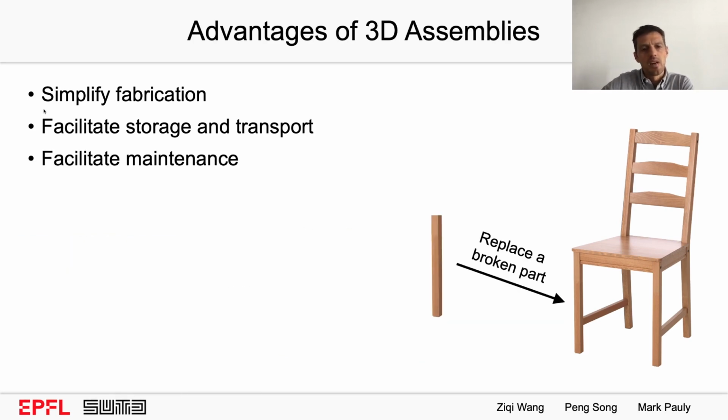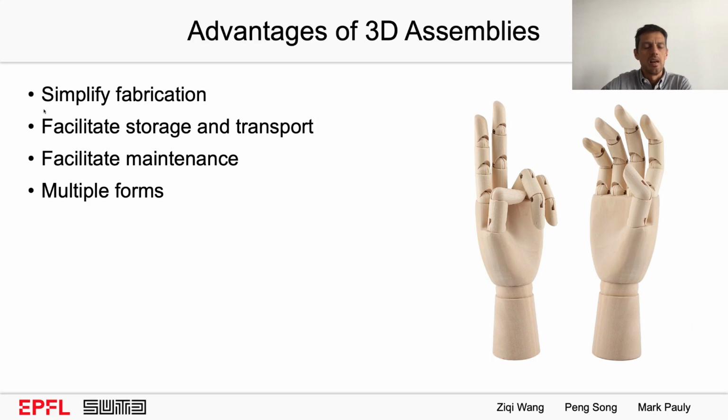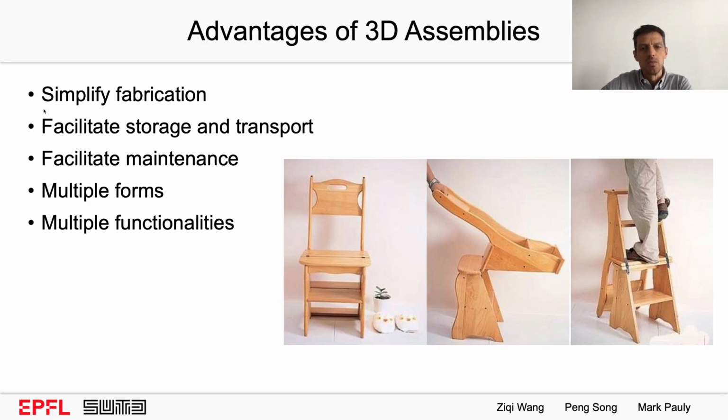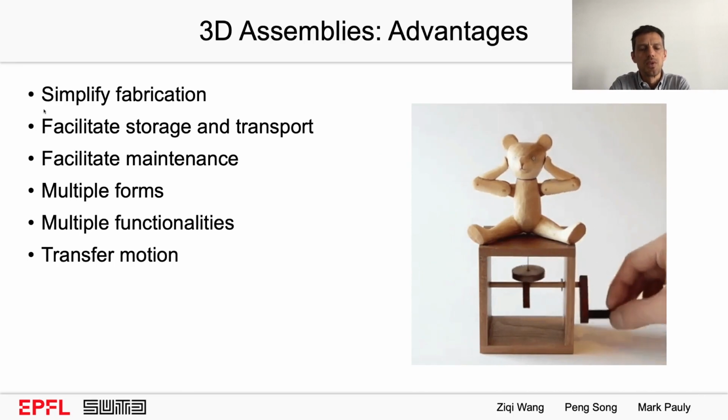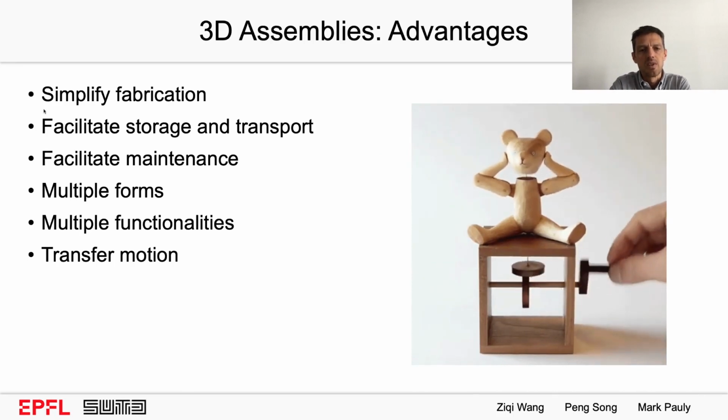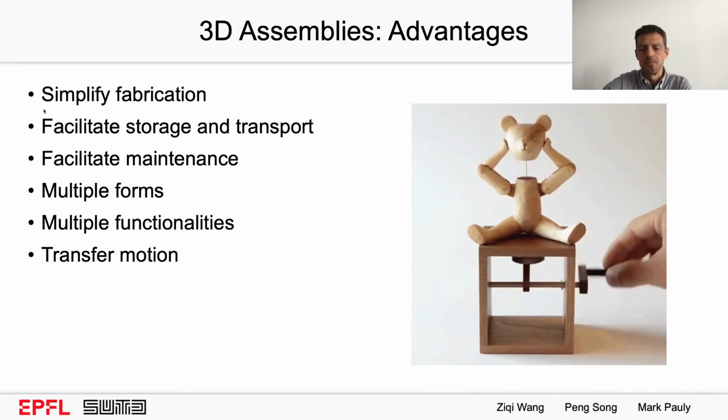Finally, we can very easily maintain an assembled structure. For example, if we have to replace a broken part. They allow for multiple forms. They can be reconfigured in various ways, which incidentally also allows multiple functionalities. Assemblies are also, of course, used in dynamic settings, for example, here to transfer motions.